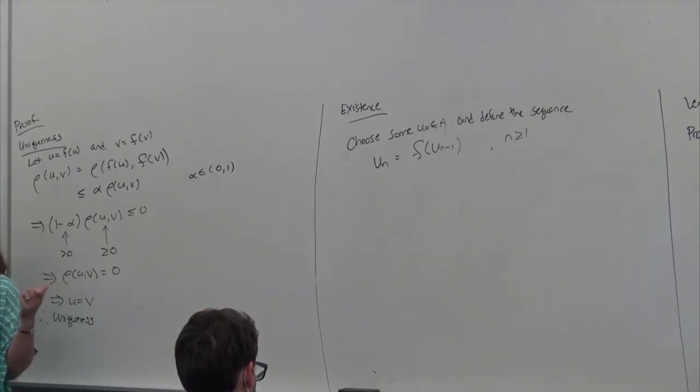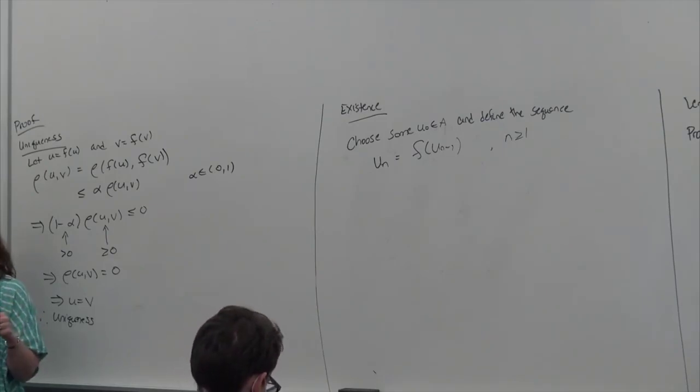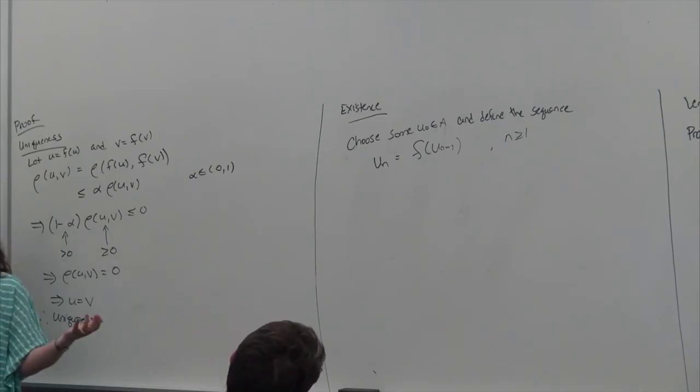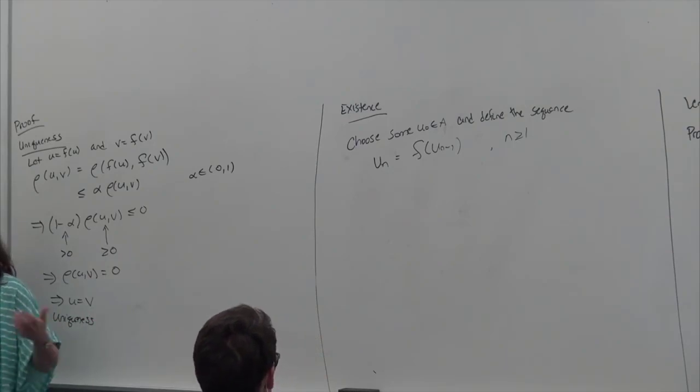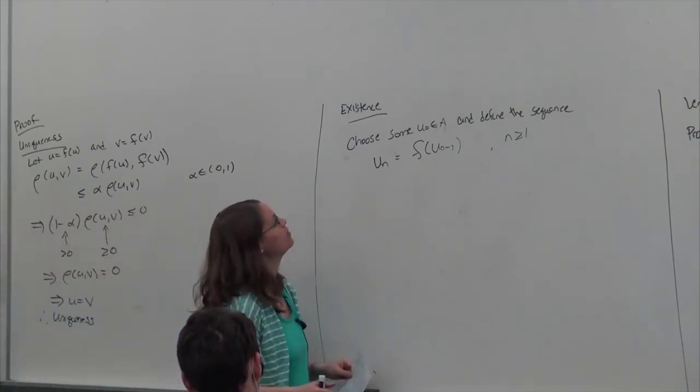Okay, so we want to argue two things. Well, one, that this is a sequence that converges to something, and two, that the something it converges to happens to be a fixed point, happens to satisfy f of u equals u. Okay, so that's our goal.